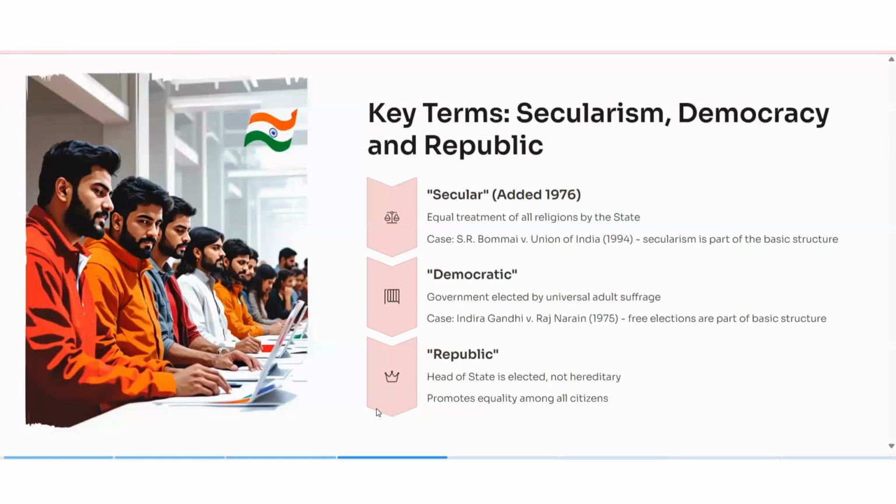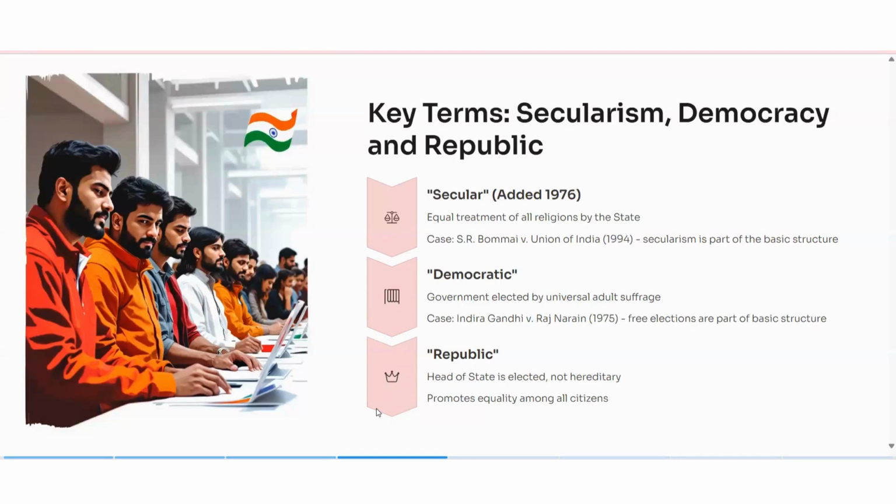Democratic government is elected by universal adult suffrage, which means a person who has attained the age of 18 becomes eligible to cast a vote, and the government would be elected by adult people of this country.